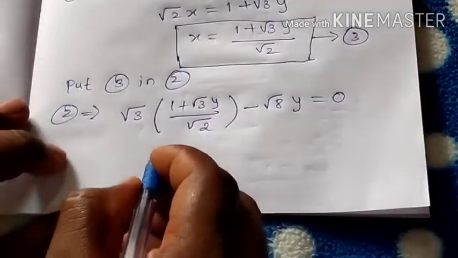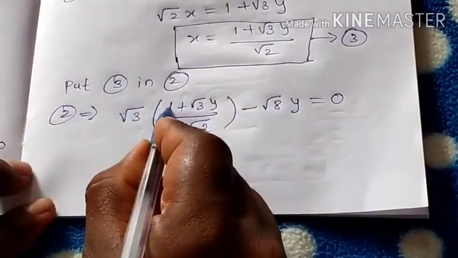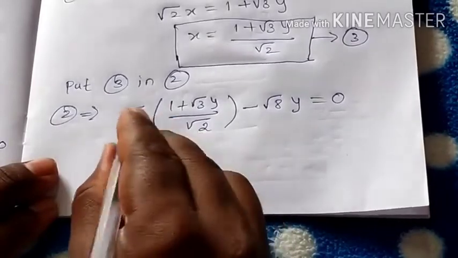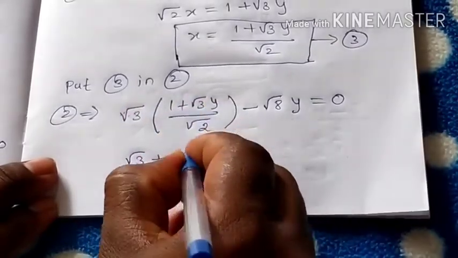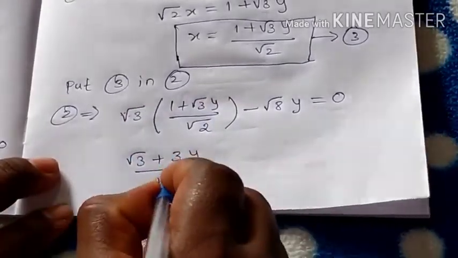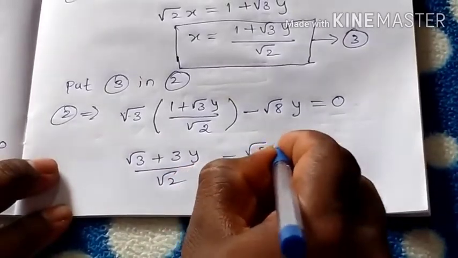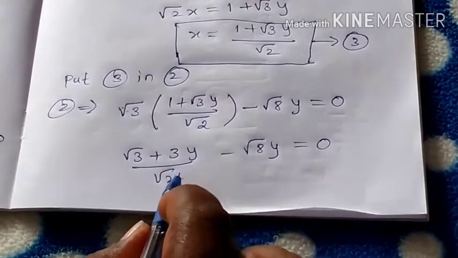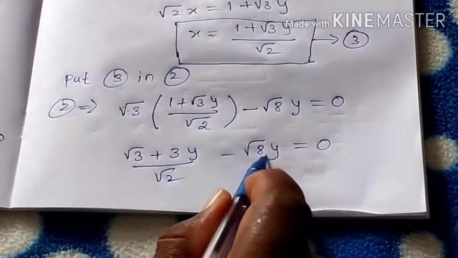Okay, and making the multiplication, root 3 into 1 is root 3, plus root 3 into root 3 is 3, so 3 into y divided by root 2, minus root 8 into y equal to 0. Okay, then making the cross multiplication, root 2 into root 8.